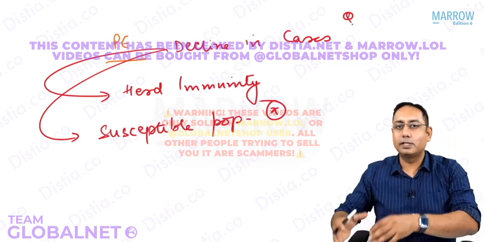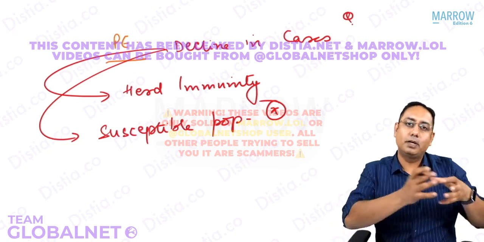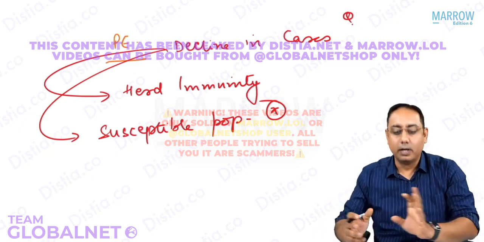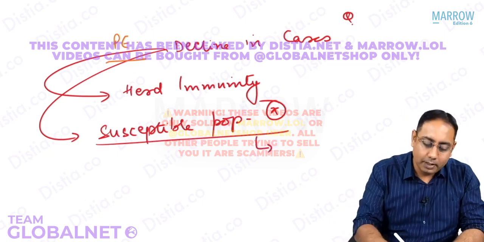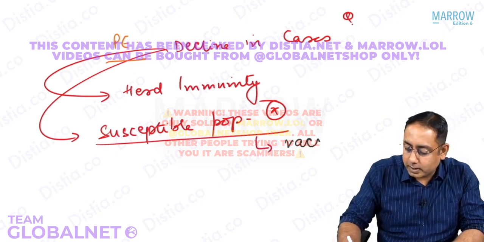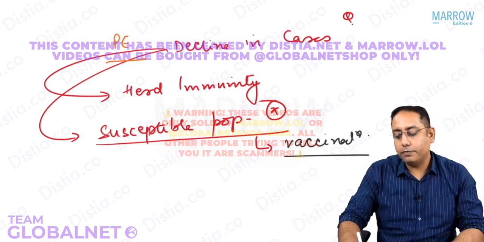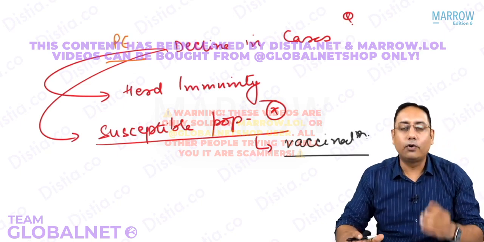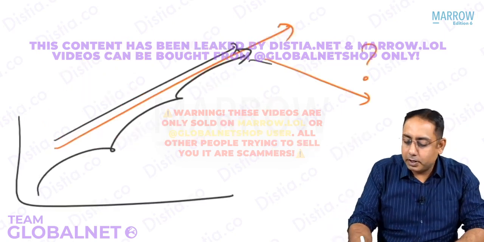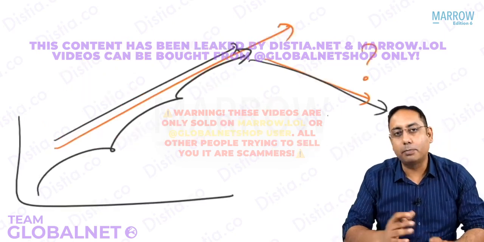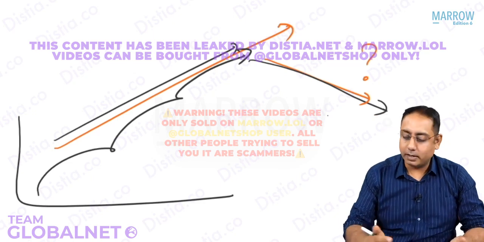Either all the susceptible have died, or they have become cases, or they have become immune. How will you make the susceptible population not available? In very simple words, we call that vaccination. So if you are vaccinating everyone, or in case there is herd immunity, the exponential cases will start decreasing. The propagated epidemic will start decreasing.